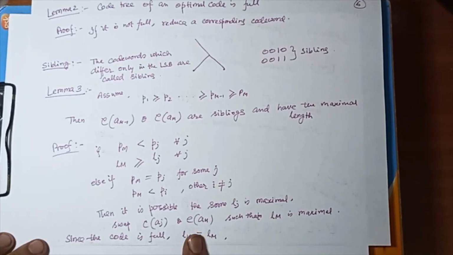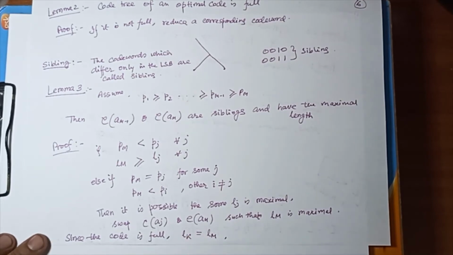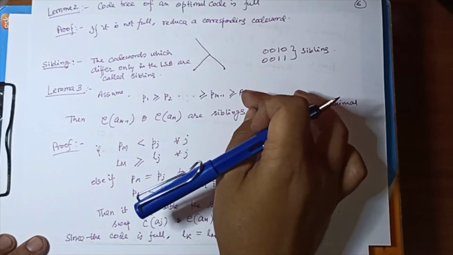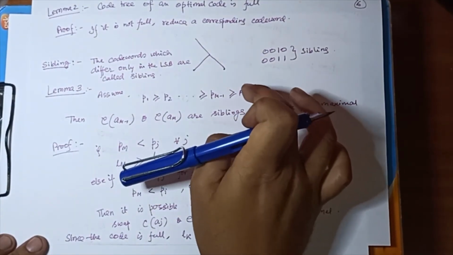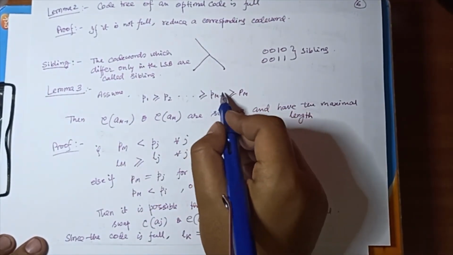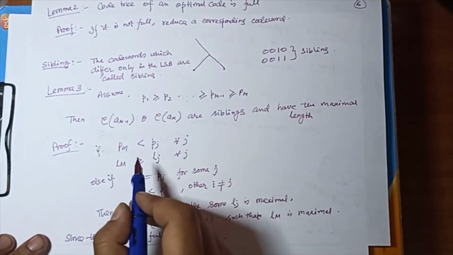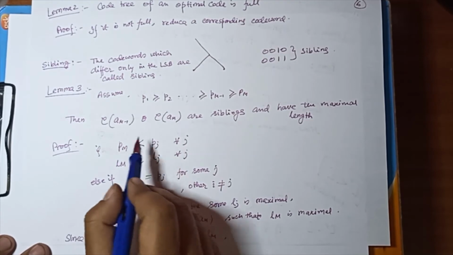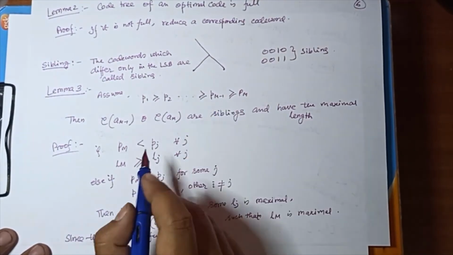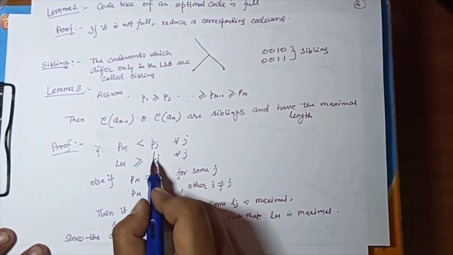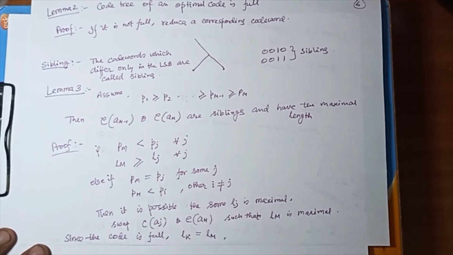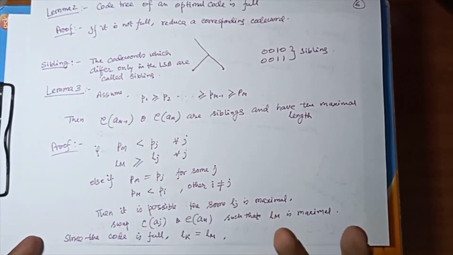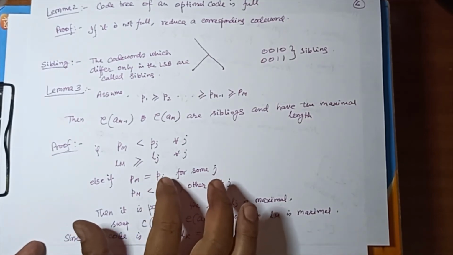Now this sibling will have a probability greater than or equal to this Pm. So that can be Pm minus 1 if Pm is the smallest probability. If there is some equality, Pm minus 1 will be one of those Pj's where there is equality. That can be any of these Pj's, but without loss of generality, you can choose Pm minus 1 to be that.